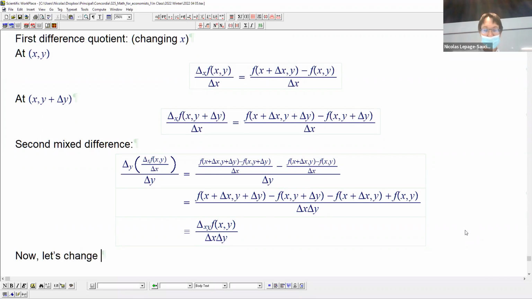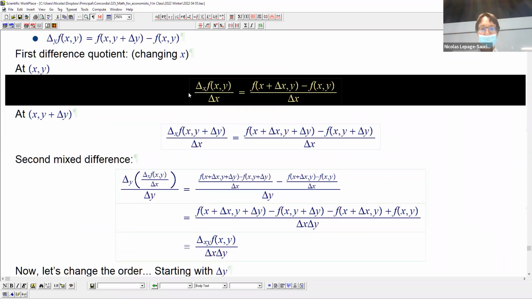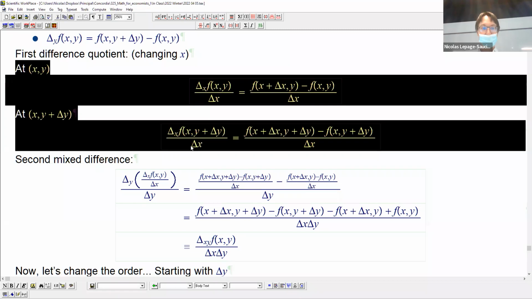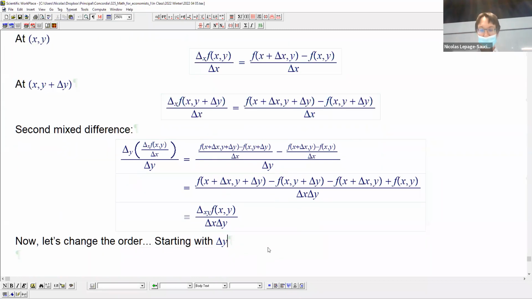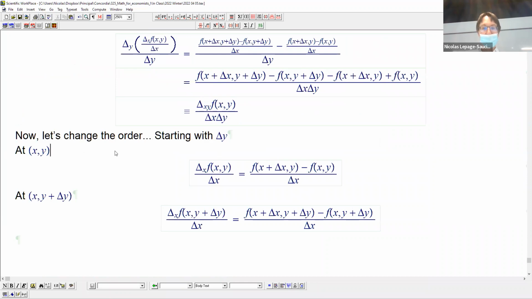Change. So we start with delta y. All right. So at x, y, I want the change in f of x following a change in delta y.